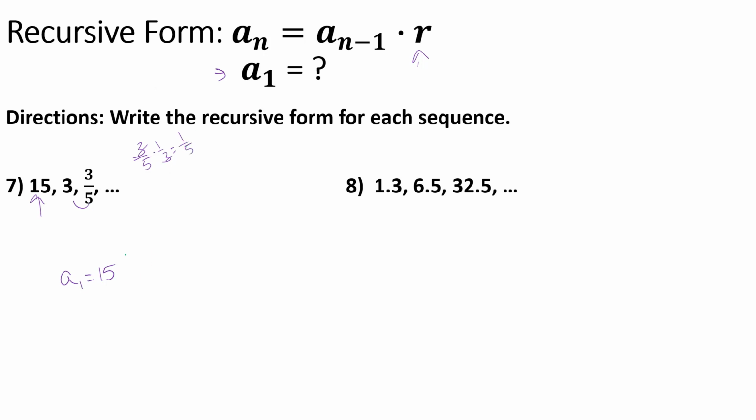So we have the r value. Let's check the rest. Sorry. 3 divided by 15 is equal to 1/5. So we have our r value equaling 1/5. We can set up our recursive form formula. A sub n is equal to a sub n minus 1 times 1/5.